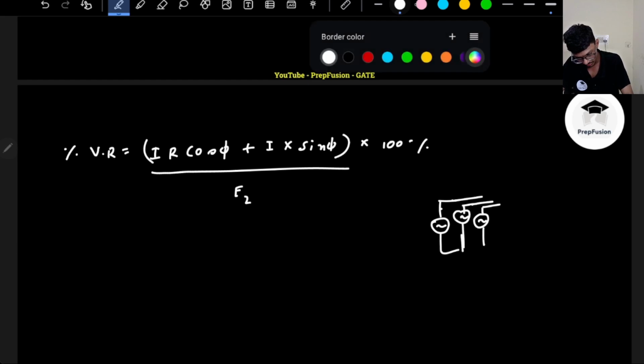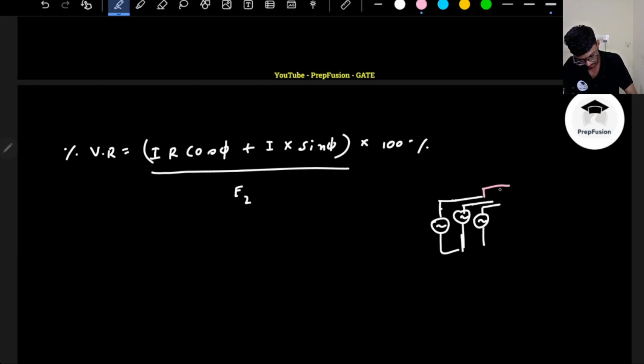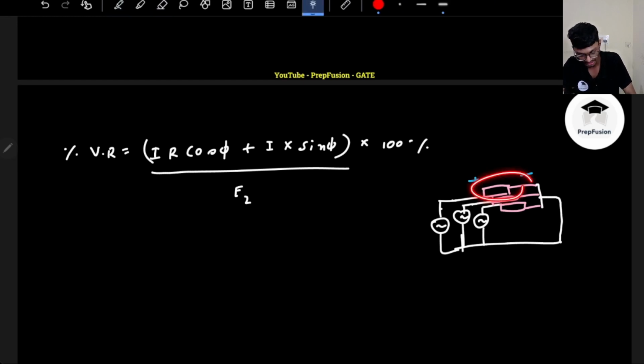Since all three transformers are in parallel, it does not matter, the voltage drop will be the same. Whichever one I find out, it does not matter. Ultimately the voltage drop will be the same. I know this transformer is in rated condition, so I can find out the current from here. This will be easier for me to solve.